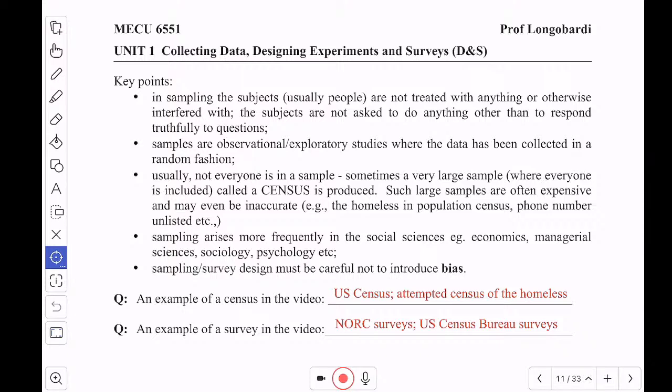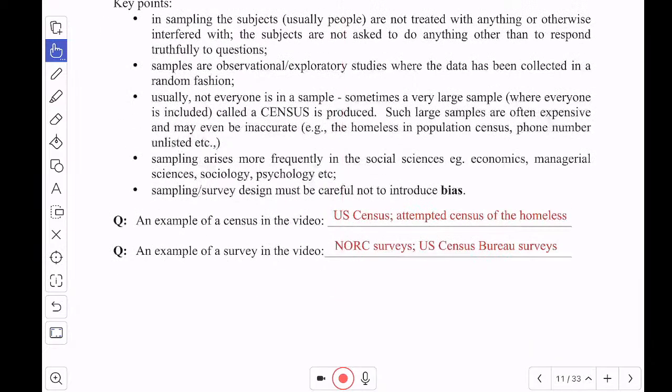So the census would be the attempt in the U.S. Census to actually count all the homeless. And examples of surveys, I just mentioned a couple to jog your memory: NRC and the U.S. Census Bureau surveys. That's it.